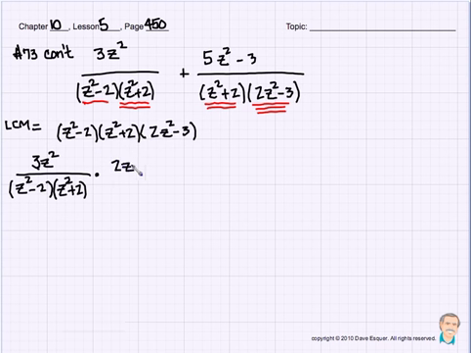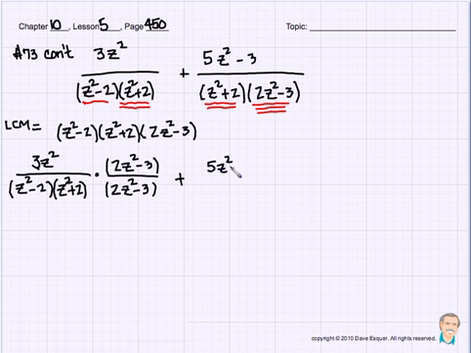So we're going to multiply the top and the bottom by 2z squared minus 3. So now our denominator for this first term is all exactly the same. And we've just multiplied it by 1 over 1.